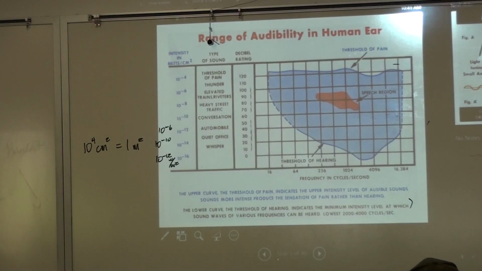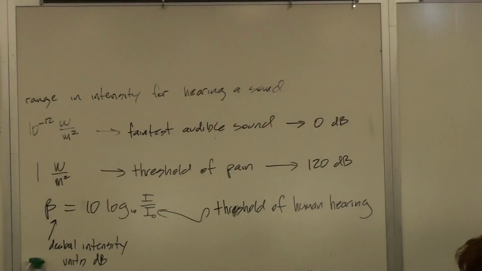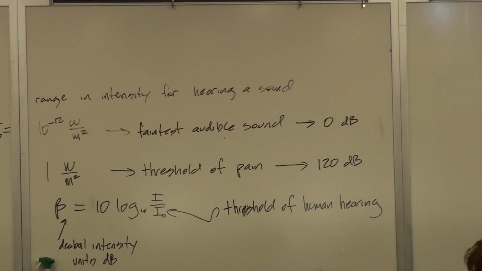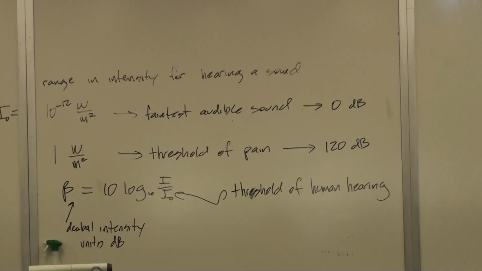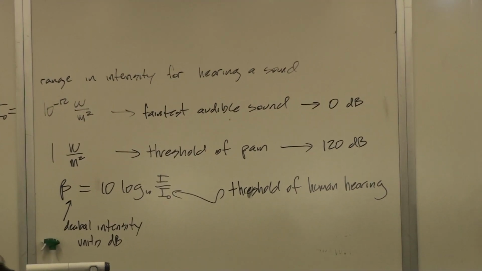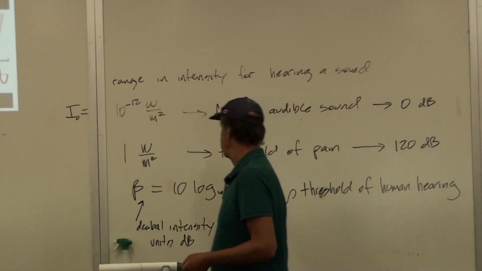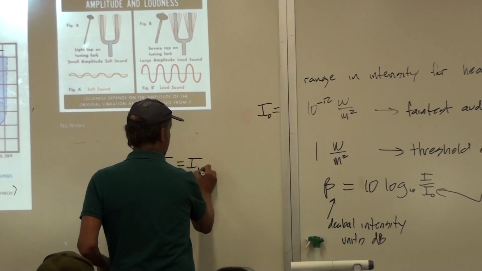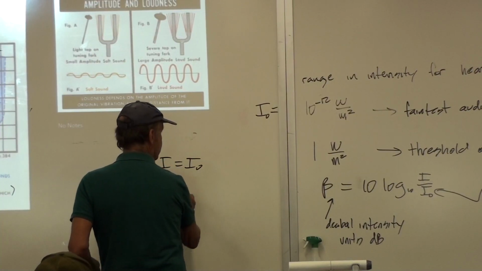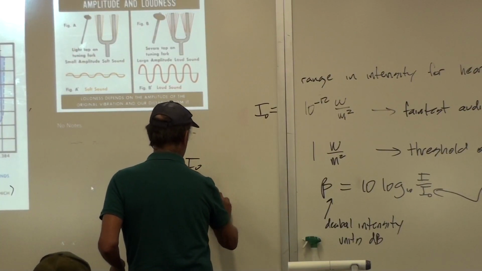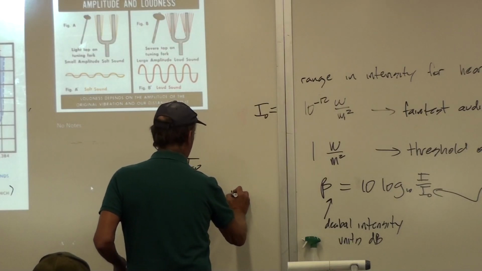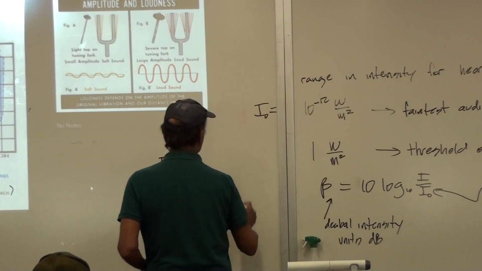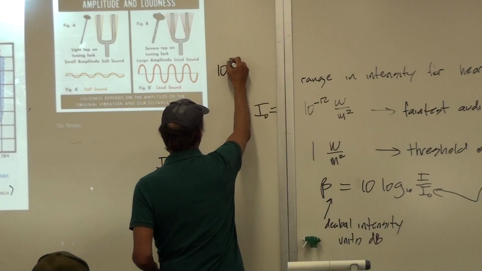Okay, and so what this gives us then is a relative scale that's based on our ability to hear as being 0 decibels. So in other words, if I equals I naught, then we have beta is equal to the base 10 logarithm of 1. But 1 is 10 to the 0.